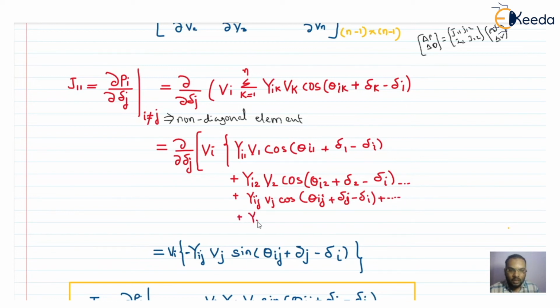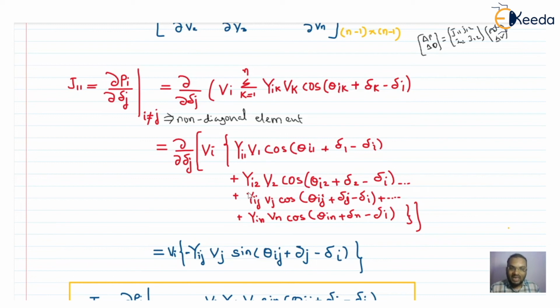Now the last term, the nth term, where k is equal to n: Yin Vn cos of theta in plus delta n minus delta i. So this way the terms continue.